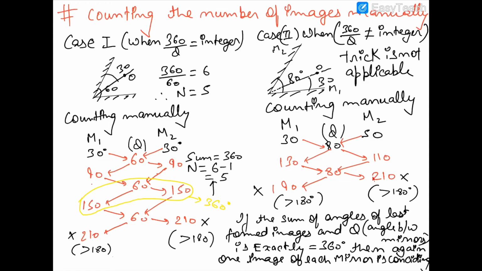Both of these angles are greater than 180 degrees, you can see. So these angles would be discarded. So discarding these angles, the last image formed in M1 is at 130 degrees, and the last image formed in M2 is at 110 degrees.